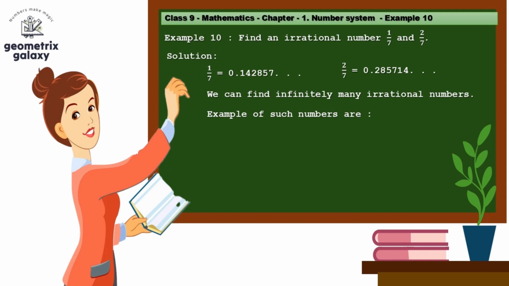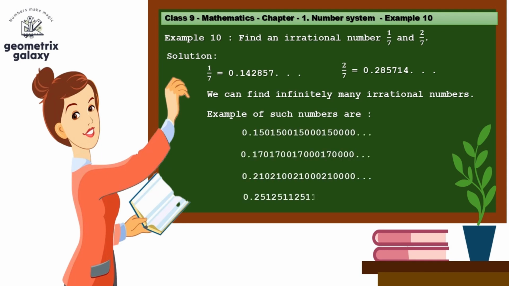All the numbers are more than 0.142857 and less than 0.285714. So I have used a pattern. I already taught you how to write numbers in a pattern. So use that logic and give any irrational number. Now that's all with these examples.